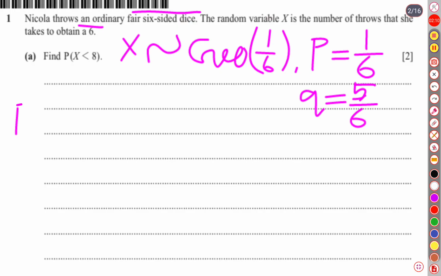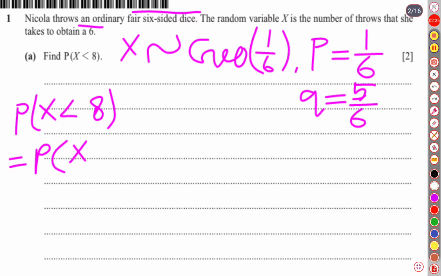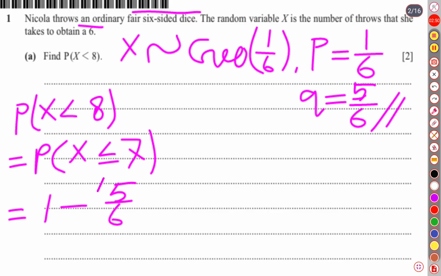Then we are going to find the probability X is less than 8. That means among less than 8 throws, he succeeded once. So it can be written as the probability of X less than or equal to 7. That means among these 7 trials, he succeeded once. The formula for the probability of X less than or equal to 7 is 1 minus q raised to 7. We have already written q is 5 over 6, raised to 7 times.